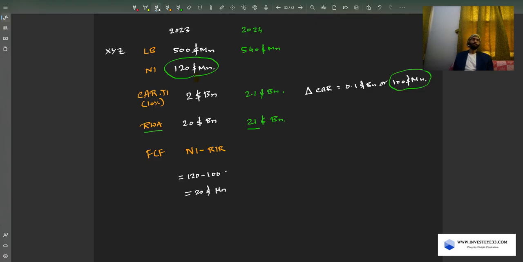This becomes our free cash flow calculation, and this same calculation we will do with respect to Bank of America and see how it goes. So firstly, we will need to understand what is the net income amount, what is the risk-weighted assets, and what is the capital adequacy requirement or the capital adequacy that the bank is maintaining.